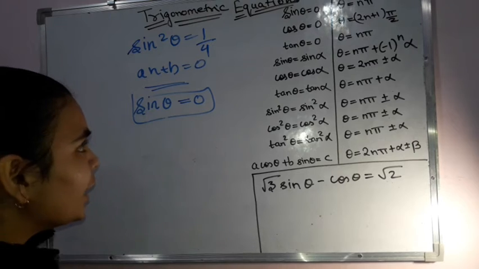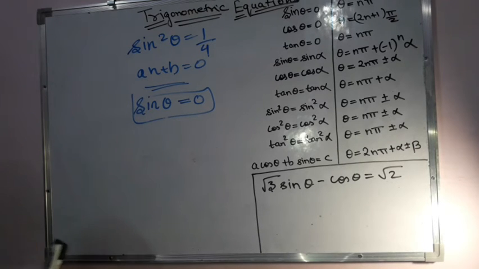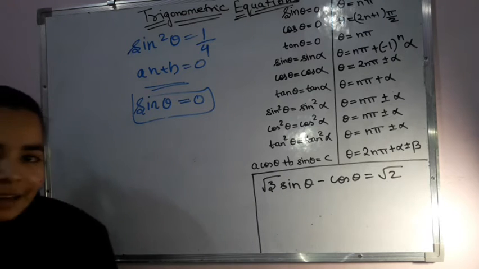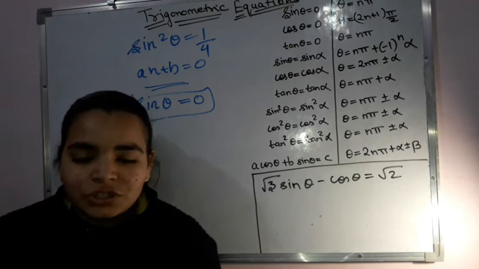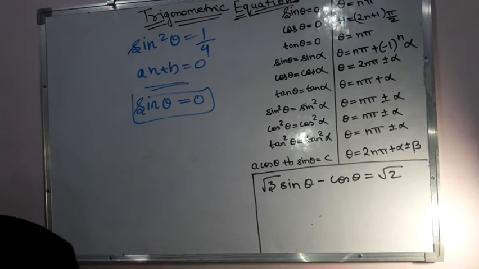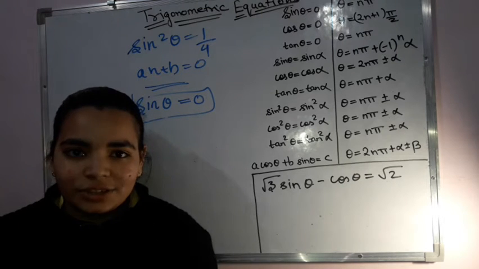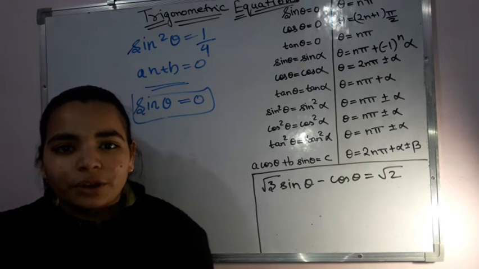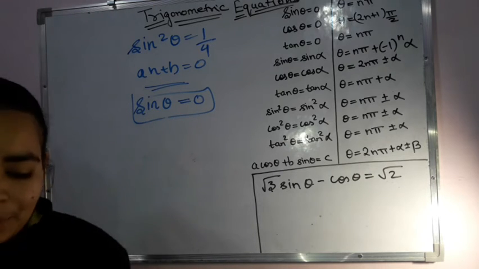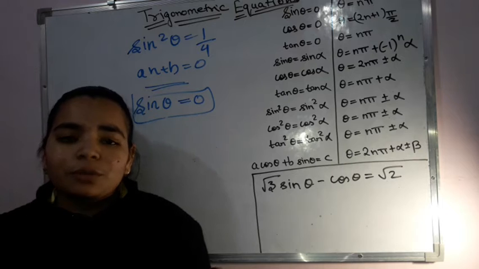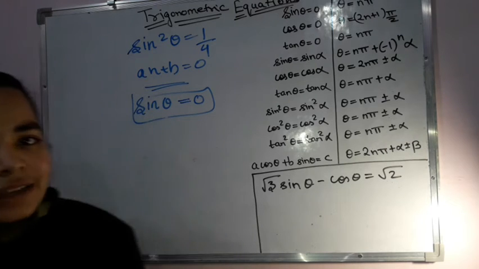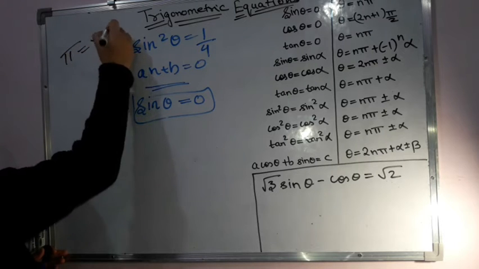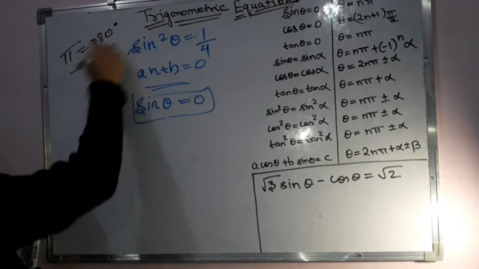Now, in these equations, as we have studied in the previous videos of this trigonometry, all the trigonometric functions are periodic in nature. That means their values keep on repeating after a certain period. That could be 180 degrees or 360 degrees, that means pi or 2 pi, since pi radians is equal to 180 degrees.